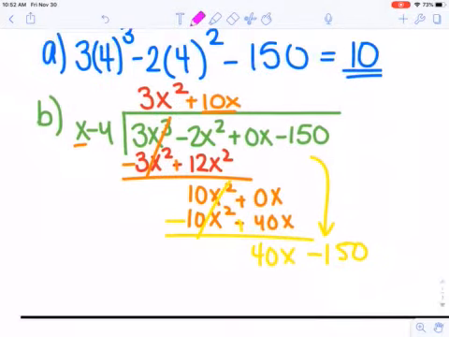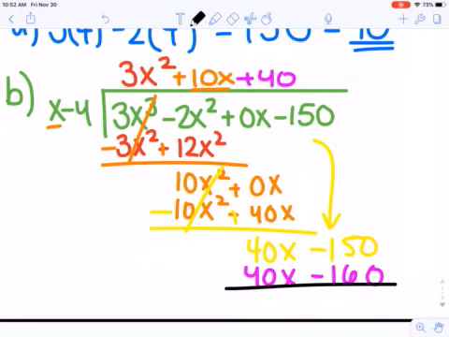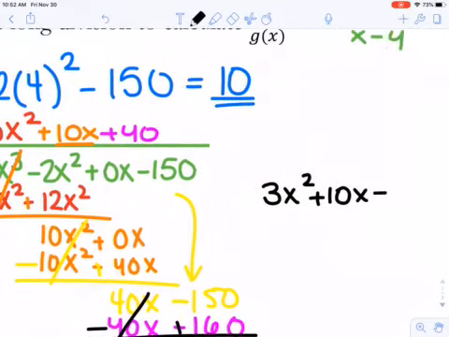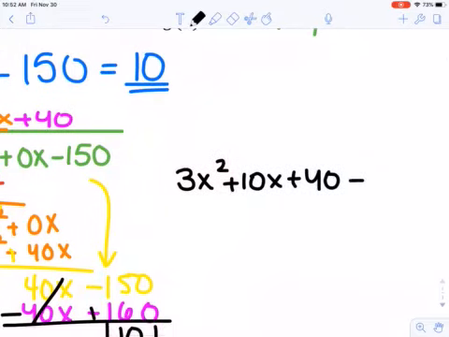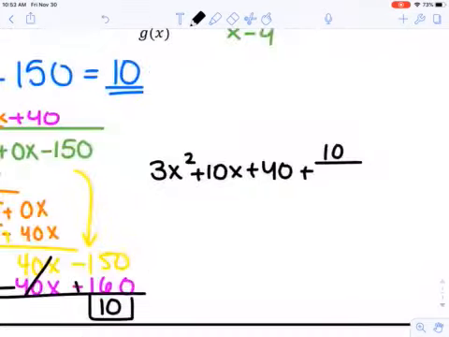So 40x over x is just 40. And negative 4 times 40 would be negative 160. Draw the line, change the signs, and we're left over with a remainder of 10. Final answer, 3x squared plus 10x plus 40 plus our remainder, which we would put over the x minus 4.